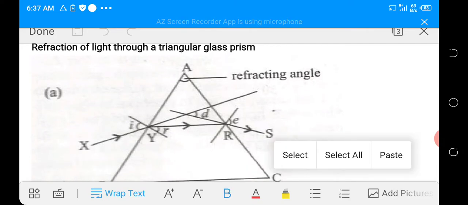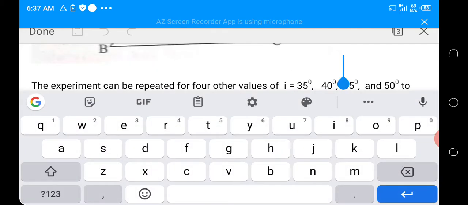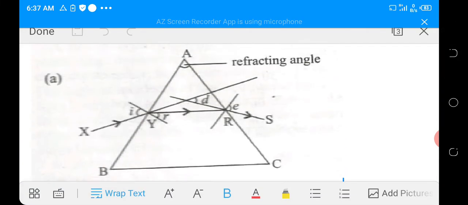This is what they are saying in this diagram. You place your triangular glass prism, you trace its outline ABC.